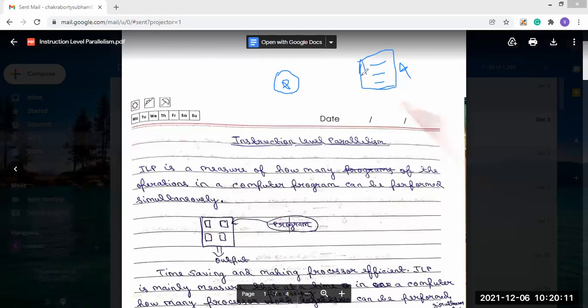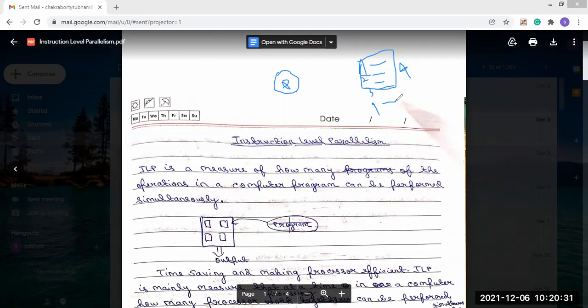This is the first instruction, this is the second, this is the third, and this is the fourth. So in our program we have 4 instructions, and executing each instruction, the processor requires 1 unit of time.